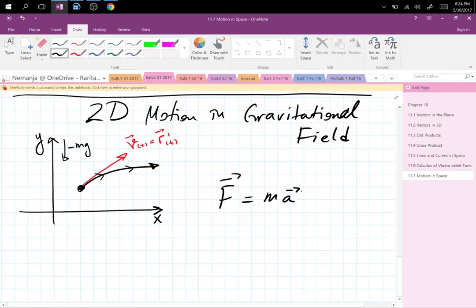So this is the force equals mass times acceleration. Now this force is actually the weight of the object, so negative mg equals ma, from where you see that acceleration is negative g.